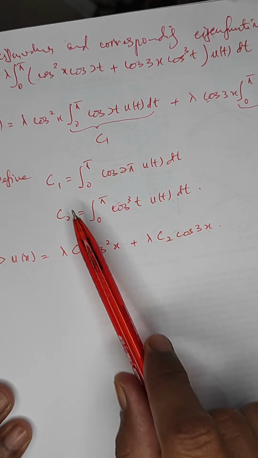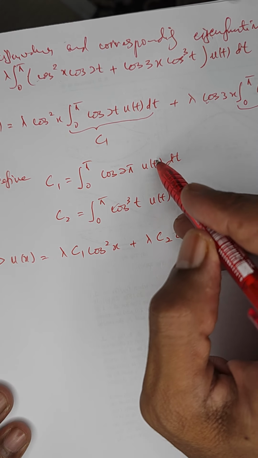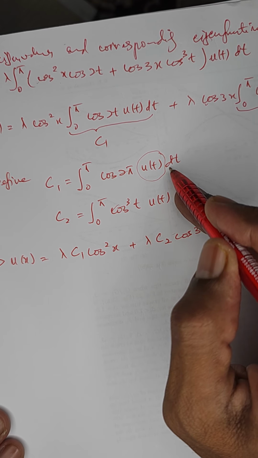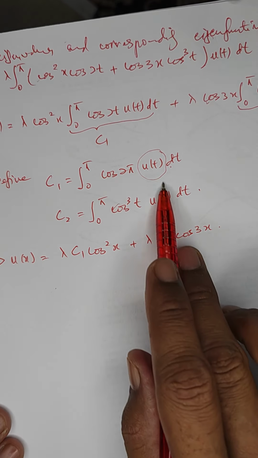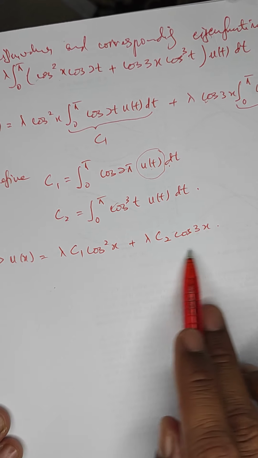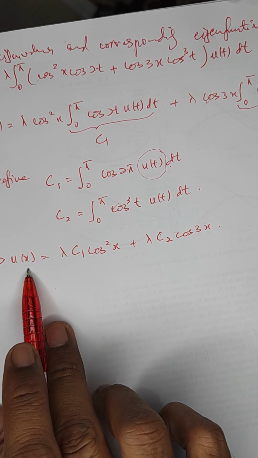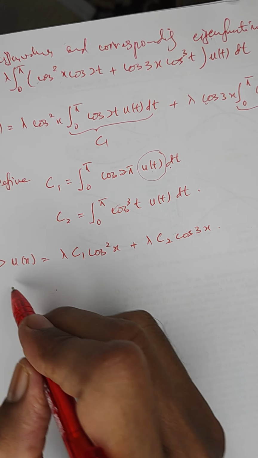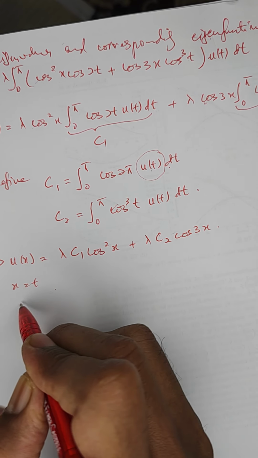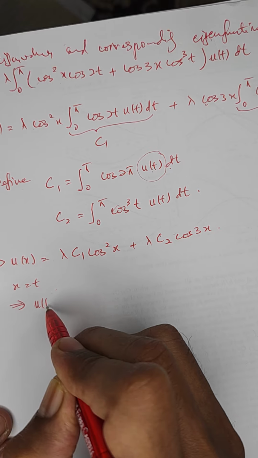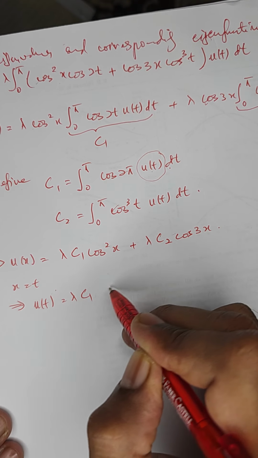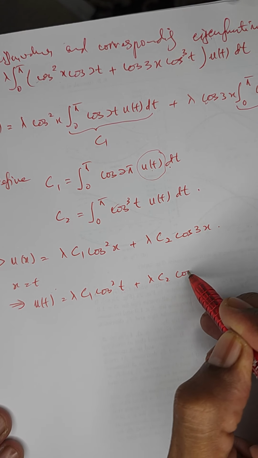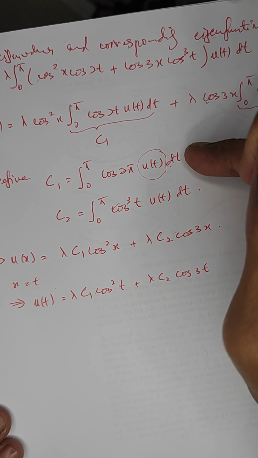Okay, now we need to find c1, c2. In order to find c1, c2, we need to identify what u is. From here we have ut, and here we have ux. I can change the variable, put x equal to t. So what we have is ut equal to lambda c1 cos squared t plus lambda c2 cos 3t, and then I can substitute into that.